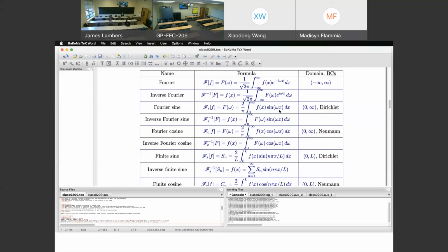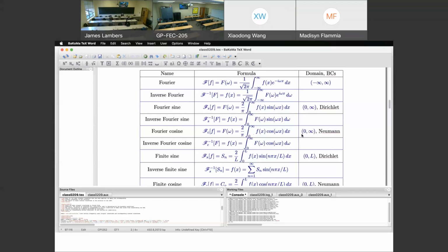So you multiply by sine omega x and integrate from 0 to infinity. And if you go back, it's very similar. You get multiplied by sine omega x. You just don't have a scaling factor out front. If it is a Neumann boundary condition, so you're specifying that the partial of your solution with respect to x is equal to something at x equals 0, then you use a cosine transform.